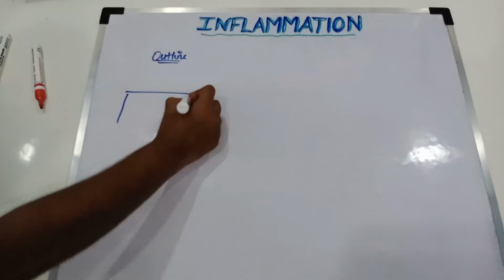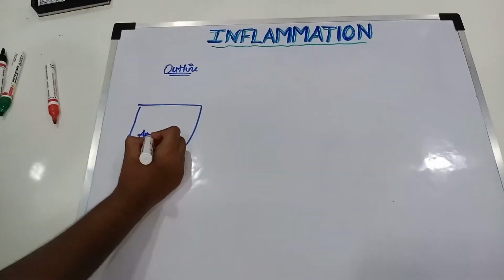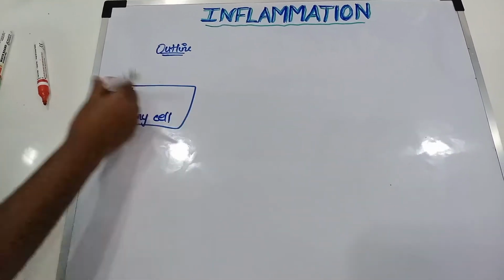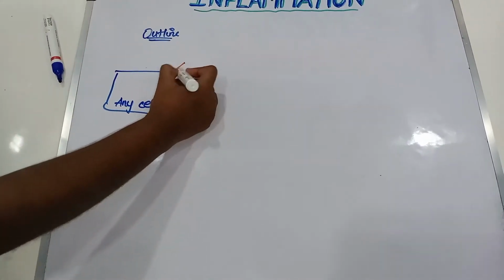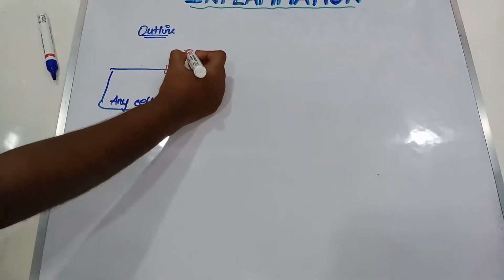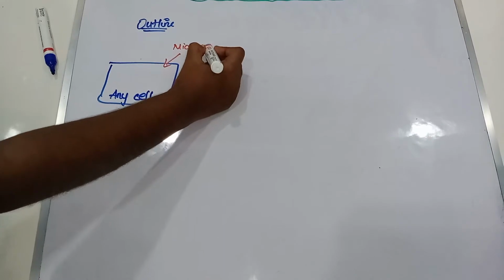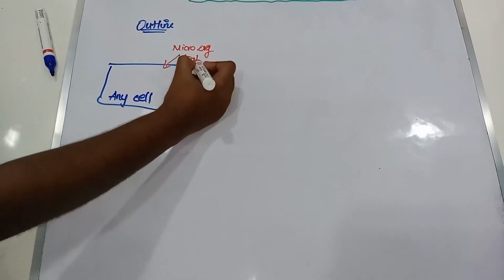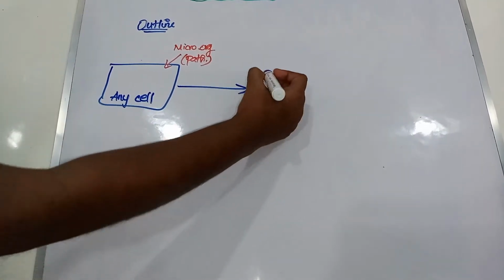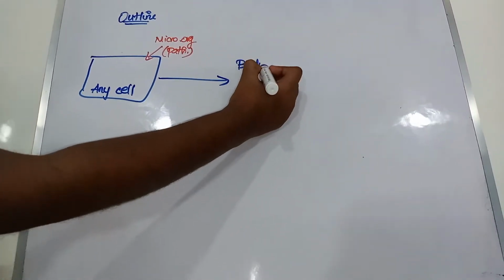So, take any cell. If it is encountered by any foreign organism, if it is pathogenic in nature, then it is recognized by our body tissues.